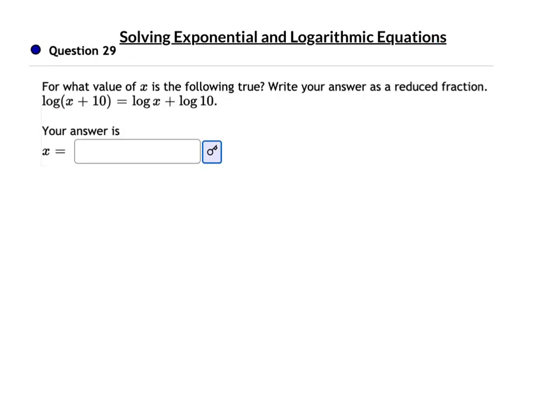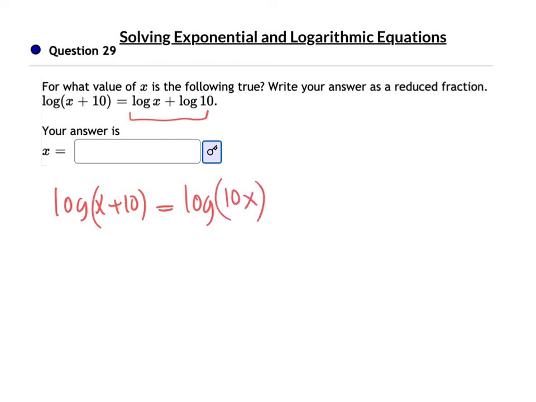I think question 29 is a bit easier than the last one. Let's see. I'm going to combine these two. When do we add our exponents? That's when we're multiplying. This is the log of x plus 10 equals, over here it'll be the log of 10x. This is like the example I did early in the teaching where these two have the same bases.